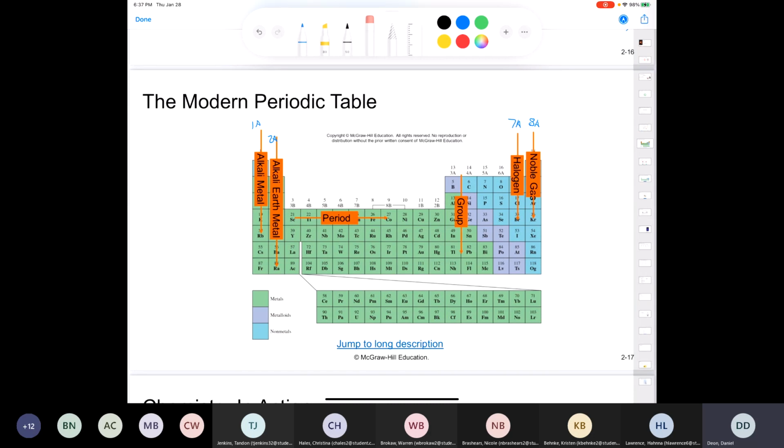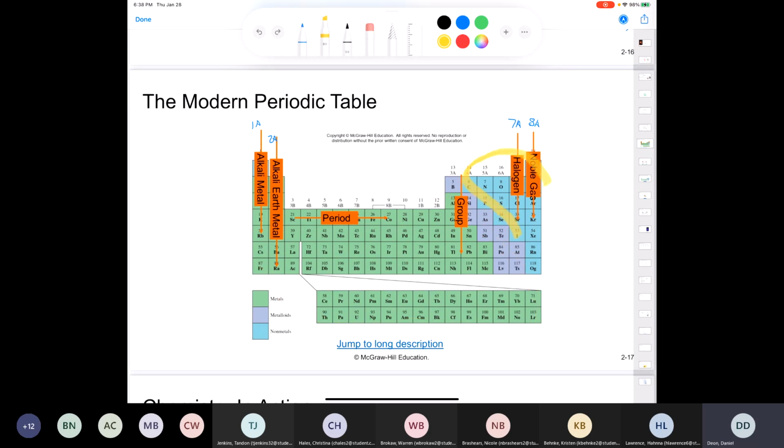Before we get into that, a couple more things. You need to know that the periodic table is divided into 3 major sections. The far left side of the periodic table, and in fact the vast majority of the periodic table, is everything that's in green here. Everything that's in green is a metal. So you can see that most of the periodic table is in fact metals.